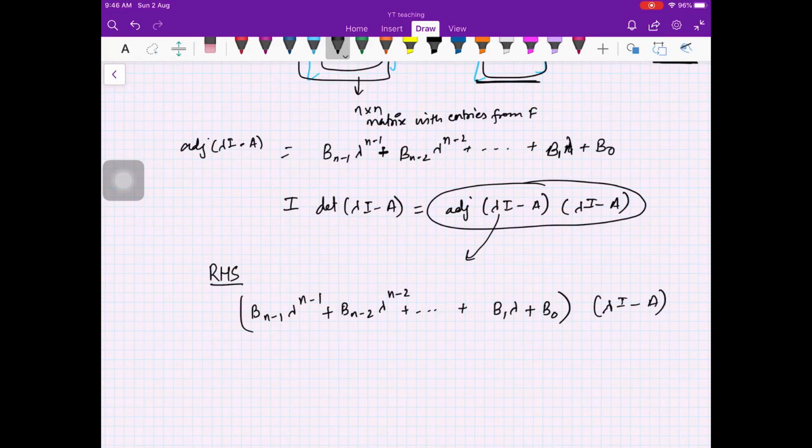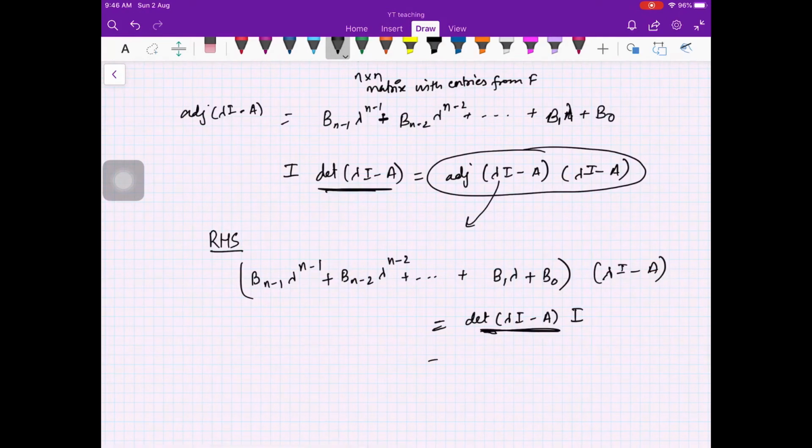So this is equal to, you are saying, determinant of lambda I minus A into identity matrix. Now what is this determinant of lambda I minus A?